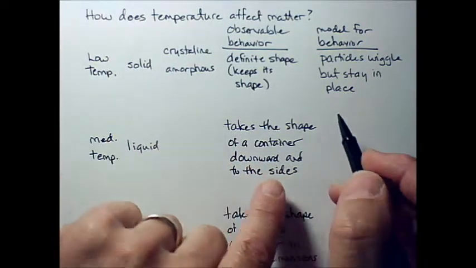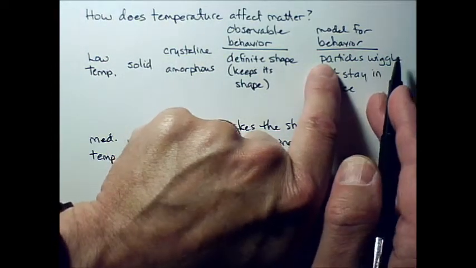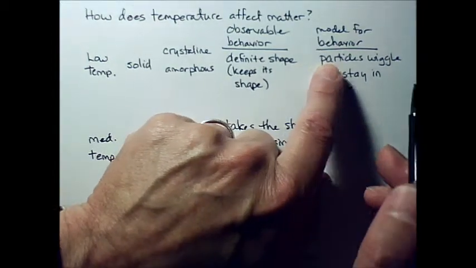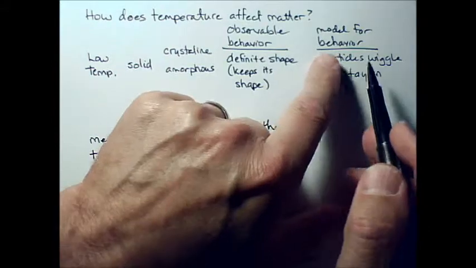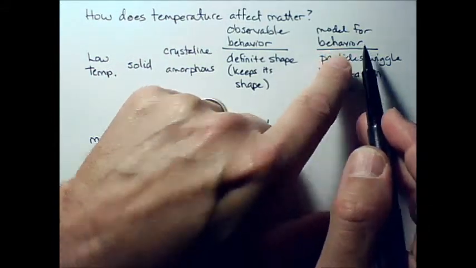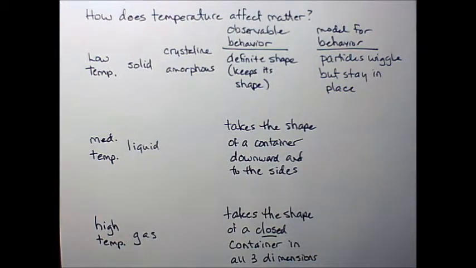All right, so let's talk about the model. What do you think is going on with the particles? You're going to hear me talk about structural particles a lot in here. Structural particles are the things that make up our substances down to the smallest particle.